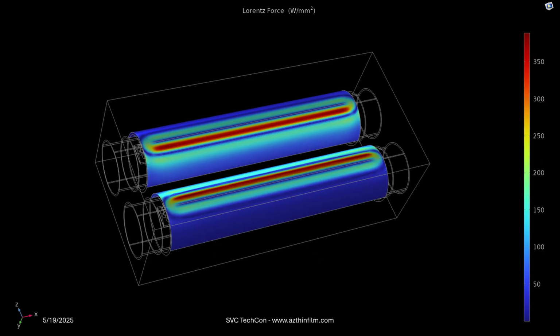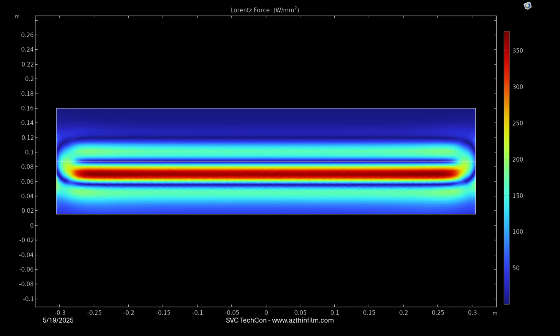And you can also see that the anode is starting to approach the same sort of Lorentz force intensity, because now we're truly getting to a point where the majority of the electric field potential is between the cathode and the anode, and we've really taken the chamber ground out of the actual circuit.